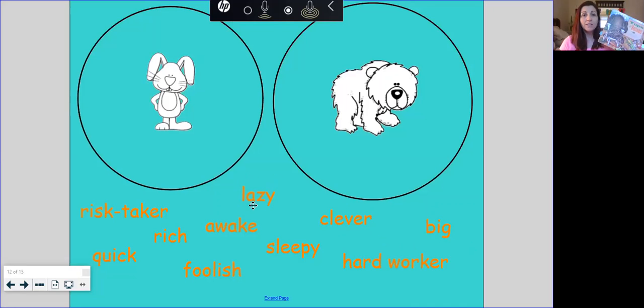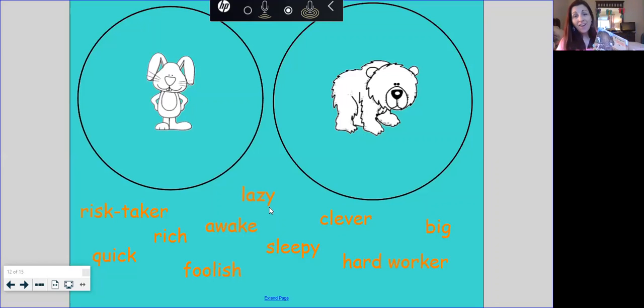For example, if I start right here with lazy, especially after yesterday's activity of inferring, can you think of which character lazy best describes? Do you think Hare was the lazy character, or do you think it was Bear? I hope you said Bear.